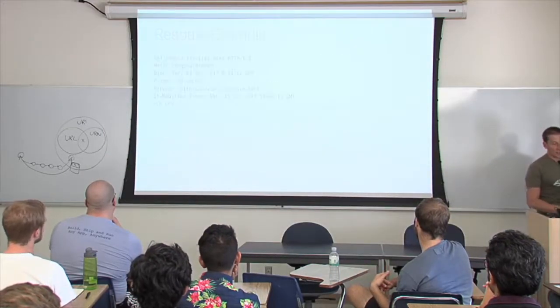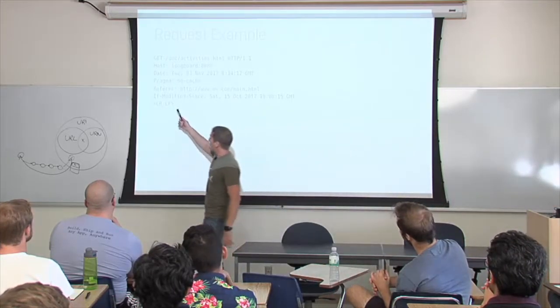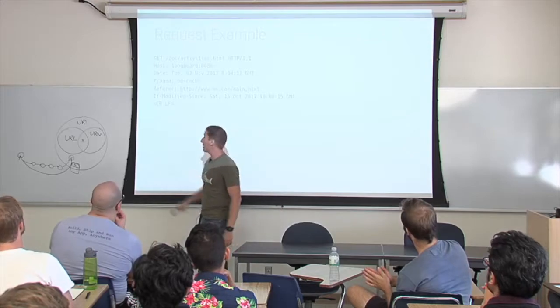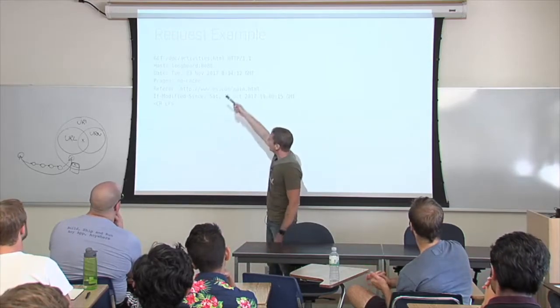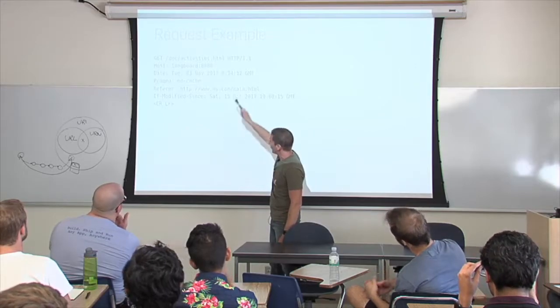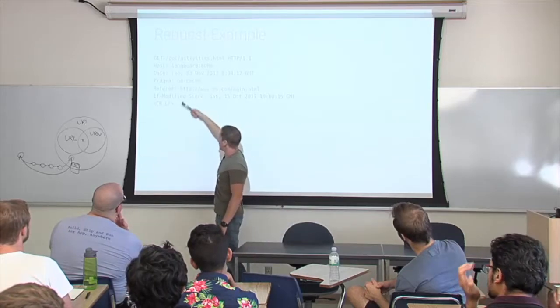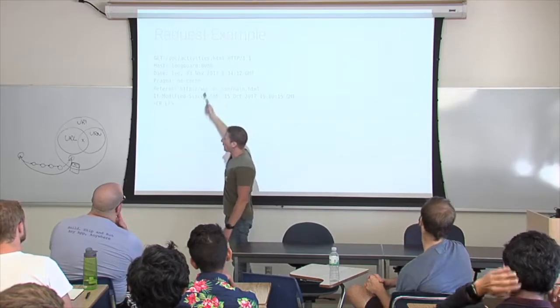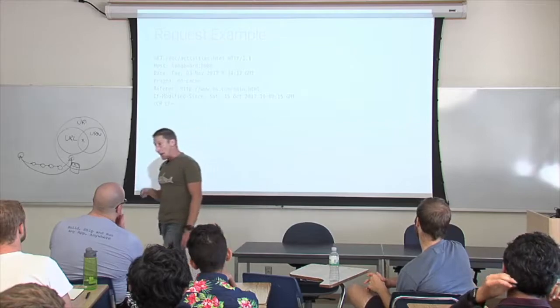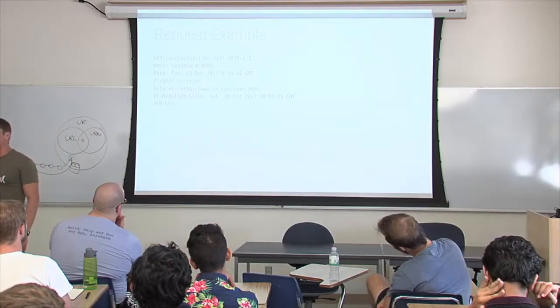So this is a very simple request example. Interesting, there is this carriage return line feed. That's how you determine that the header is over. You can see the various fields, dates, don't cache the result. The referrer usually is the page that contained the link that you clicked to go there.